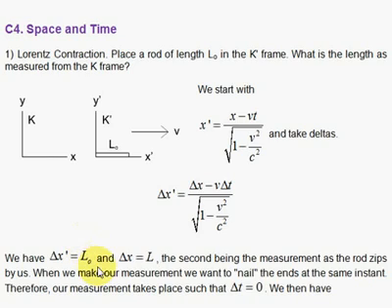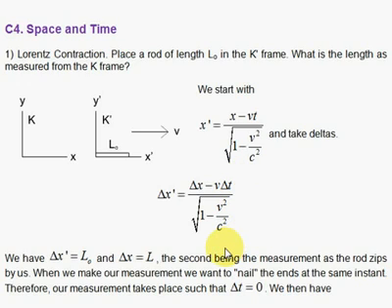So that is L naught. And delta x, what I measure, is going to be what I get for L in the laboratory frame as I watch it move. Notice that when you take this measurement, you need to nail both ends at the same time. So delta t must be 0.